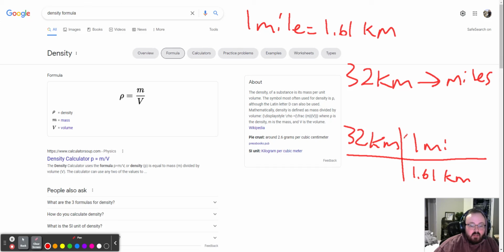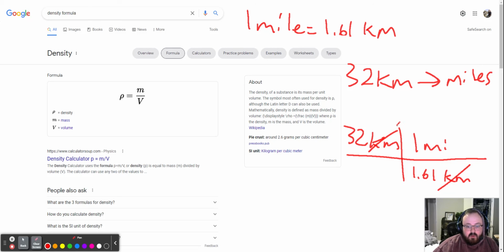The reason they do it like this is to really show you what is on the top and what is on the bottom. Top, bottom. You don't have to worry about the multiplication and you just put all your top numbers on top, everything else on the bottom. So now that we have the kilometers on the top here and it's crossed from here, on the bottom, they cancel out.